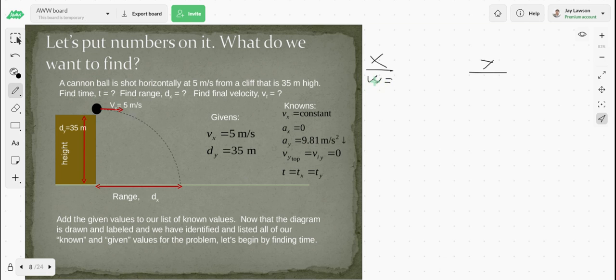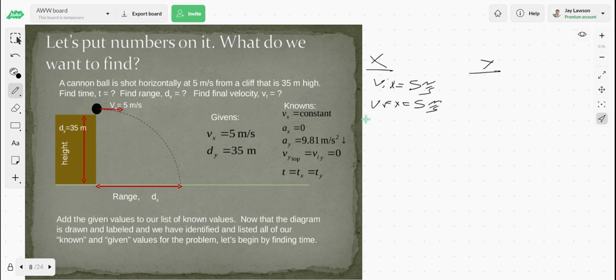So I know the initial velocity. Let me retype that. Initial velocity in the x direction is going to be 5 meters per second. I know that the final velocity in the x direction is also going to be 5 meters per second.